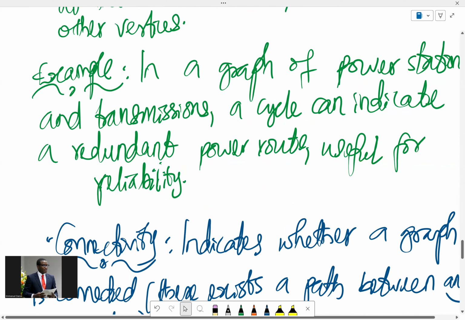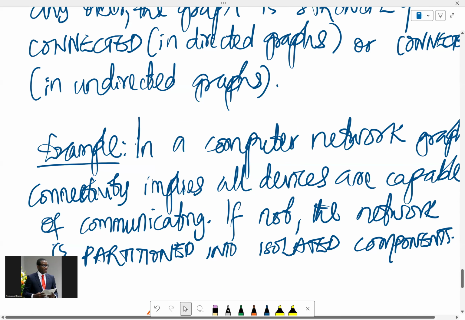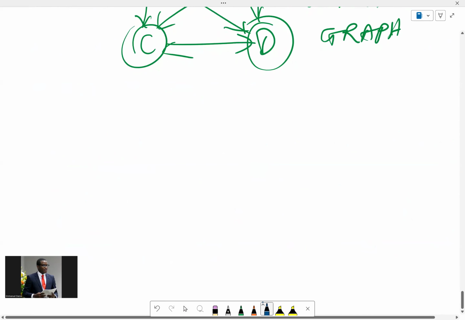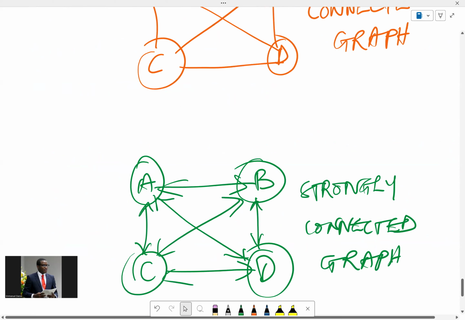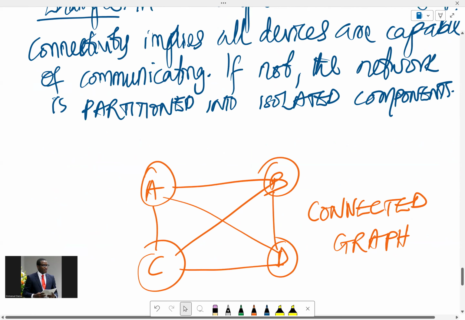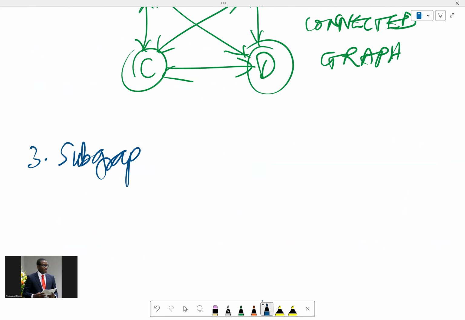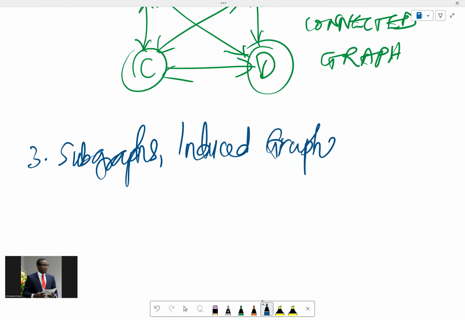Lastly, let's talk about subgraphs, induced graphs, and complements.